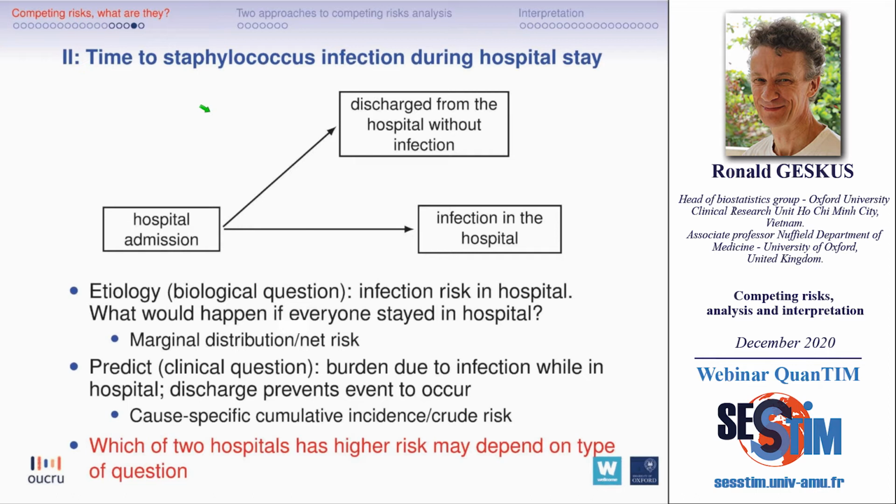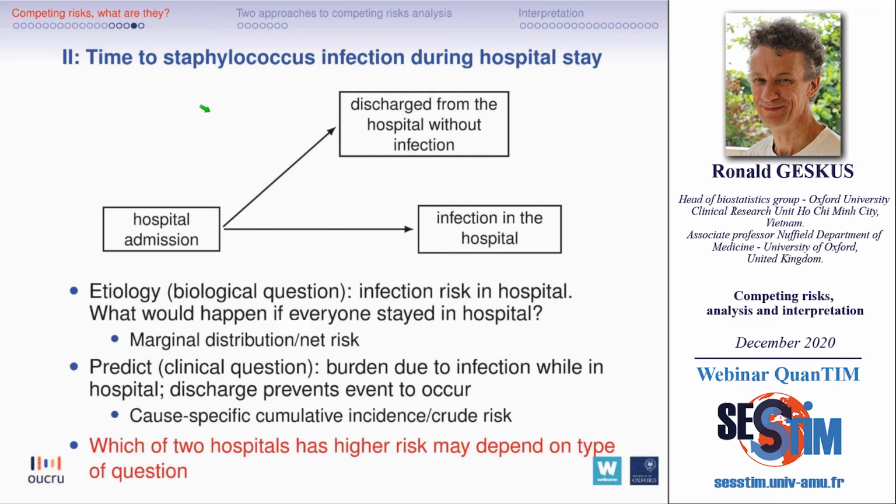So suppose we have two hospitals, A and B. In hospital A, say the infection risk is much higher. So the staphylococcus is much more prevalent in hospital A. So then for the marginal distribution, you would conclude that the risk is higher in hospital A. But suppose that in hospital A, individuals are discharged much more rapidly than in hospital B. Then what you actually may observe is that in hospital B, more individuals do get infected because they stay in hospital longer.